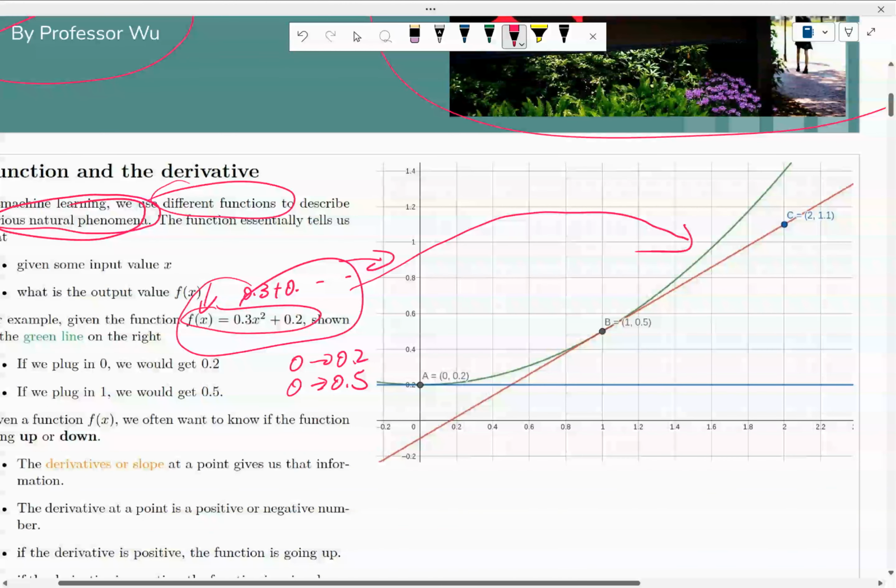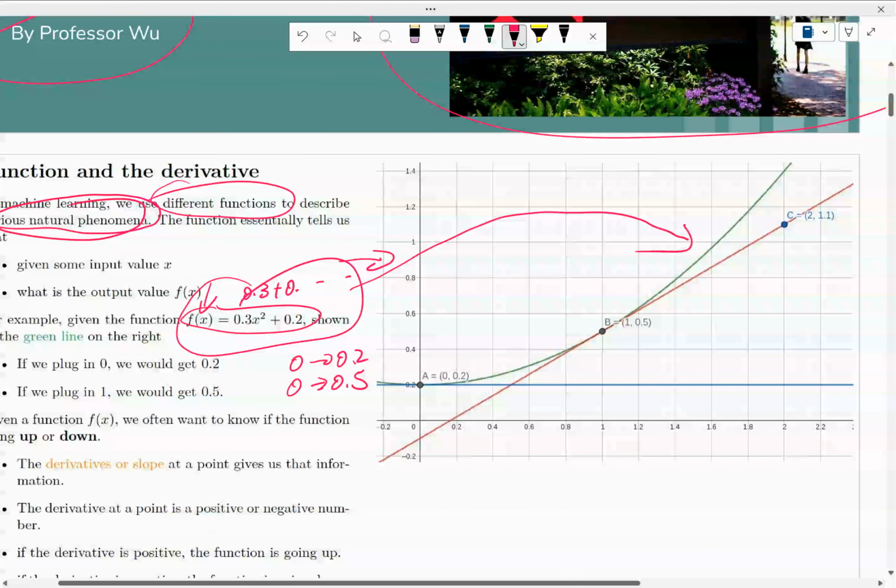Essentially, you can put a lot of numbers in, and you're going to get different numbers out. These numbers can be plotted as this green line over here. So this is another way to look at functions, and that is what a function is.